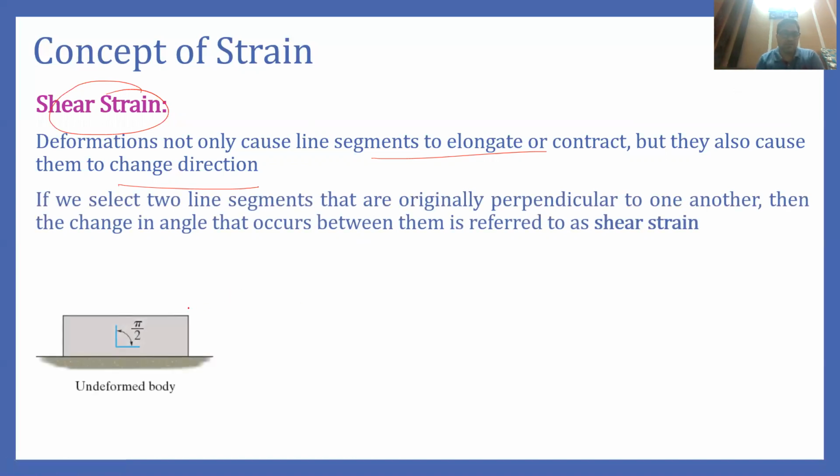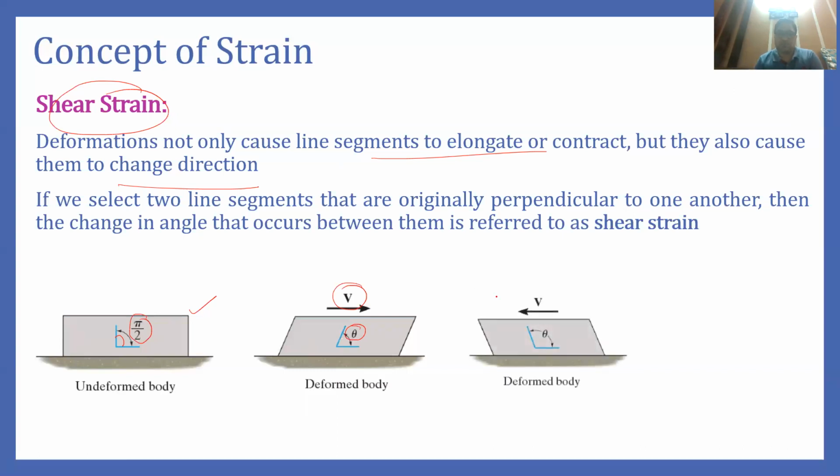Here, if we mark a line on this body which is exactly at 90 degrees, and then apply a shear force like this, as you can see, initially theta is 90 degrees, and as we apply the shear force, theta is decreasing. Or if we apply the opposite force, in that case theta is increasing.